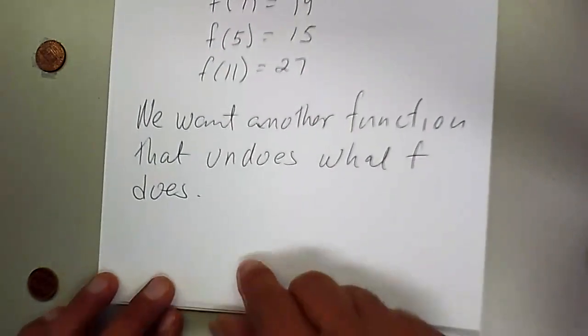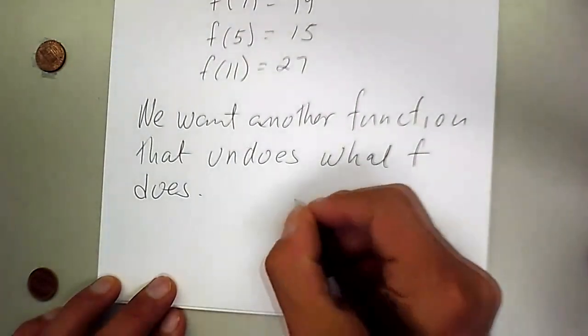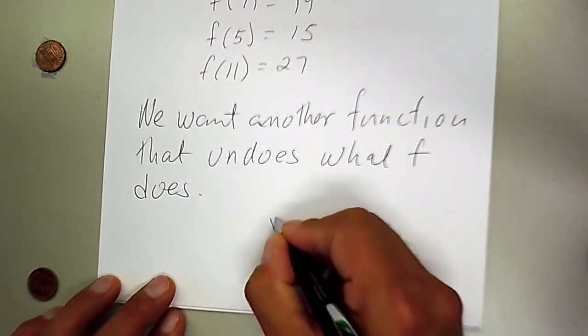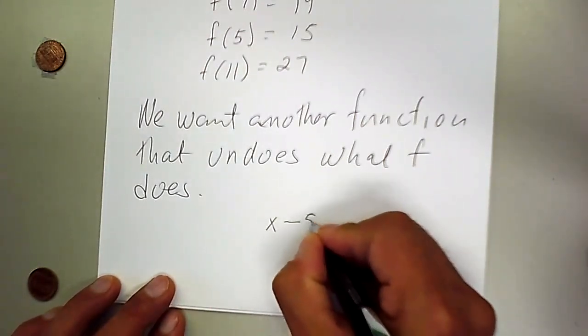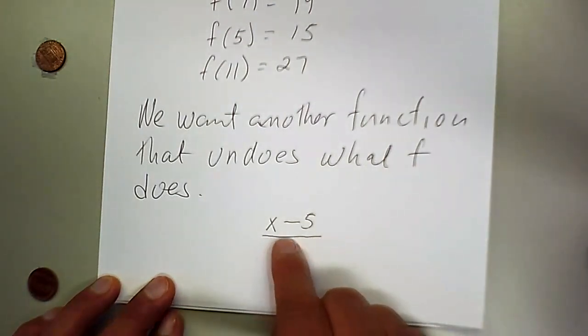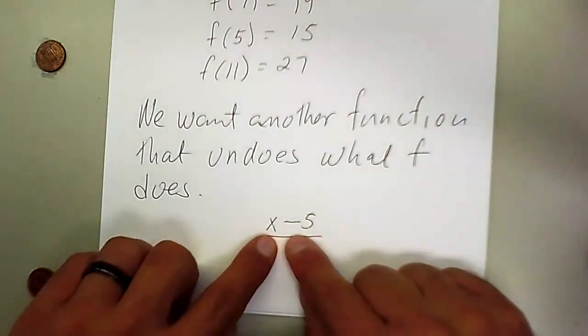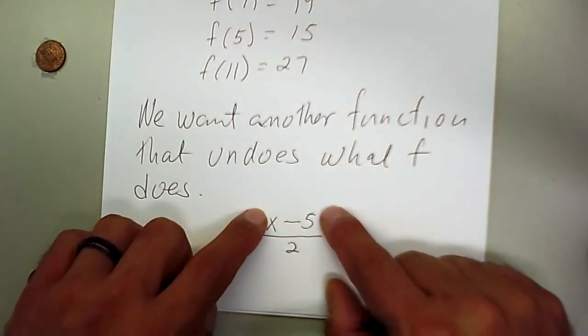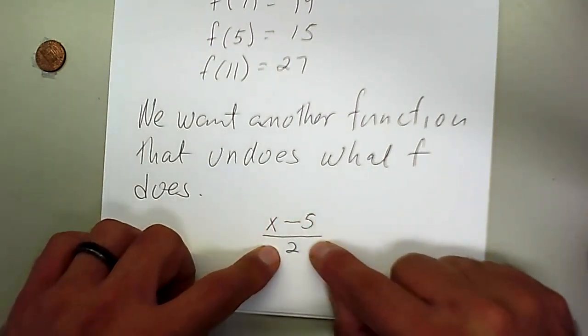So the inverse function, the formula we want, looks like this: x, take away the 5, and then divide by 2. The fraction line indicates we have to do x minus 5 first, and then divide by 2.